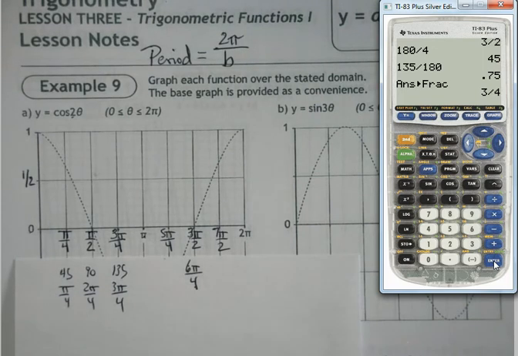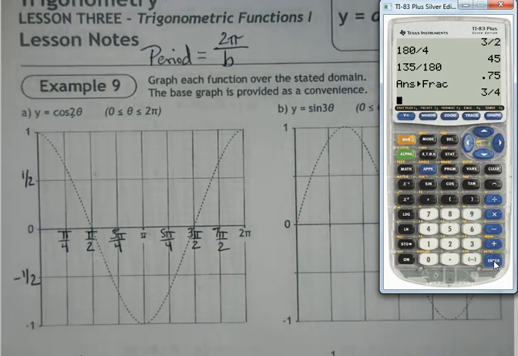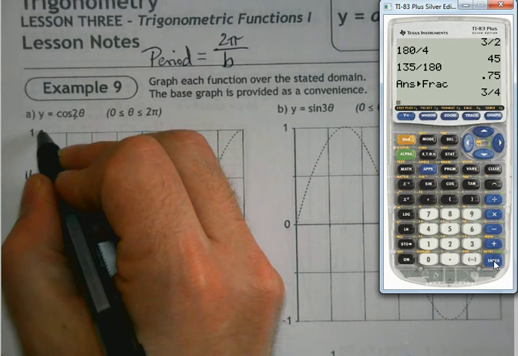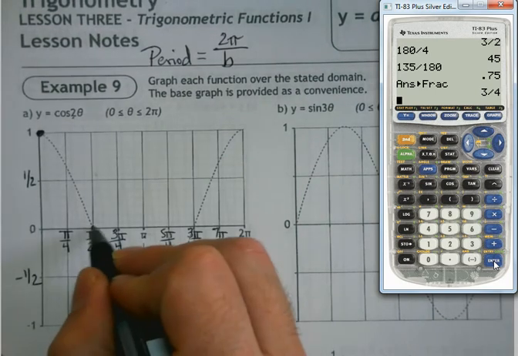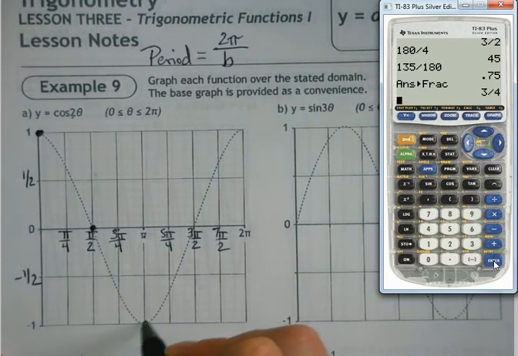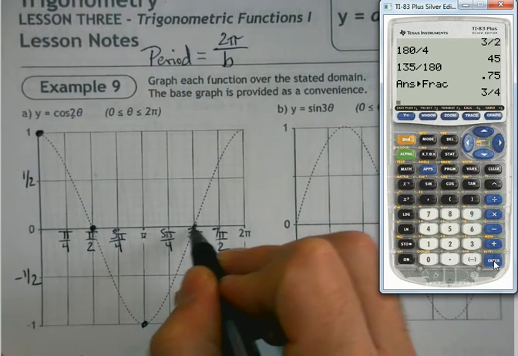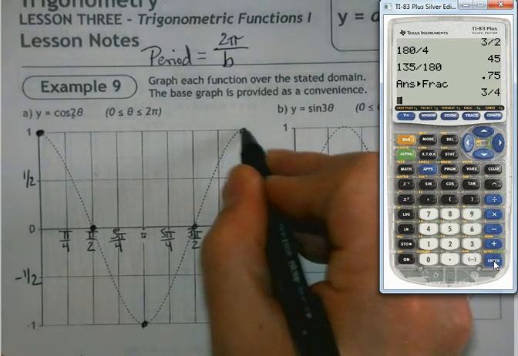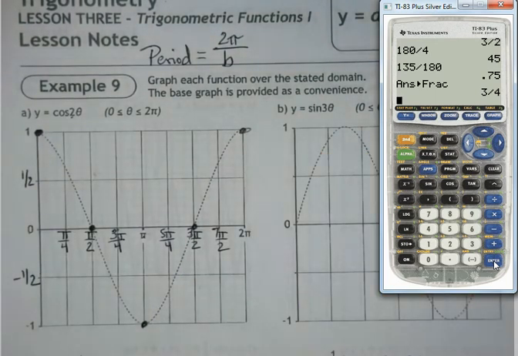But you're going to notice the values that we're going to use for the moment here are still going to be the same ones we've been using all along. Because you'll notice at 0 and pi over 2 and pi and 3 pi over 2 and 2 pi are still the same base graph that we had before. So even if it changes the way it looks, I can still use that base graph.